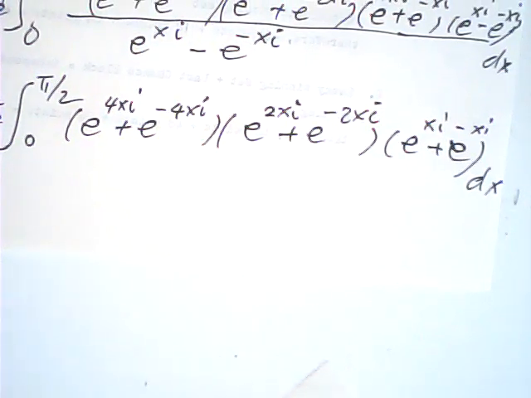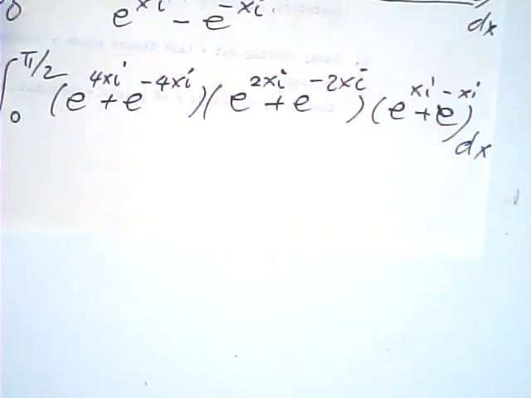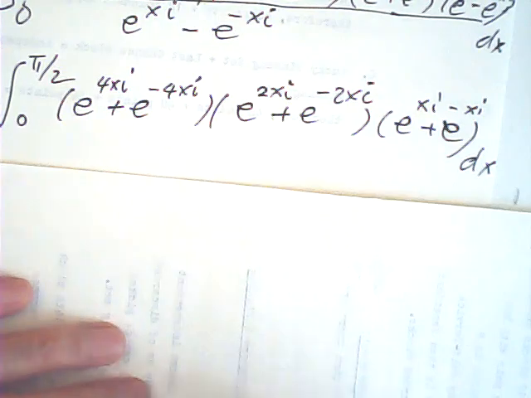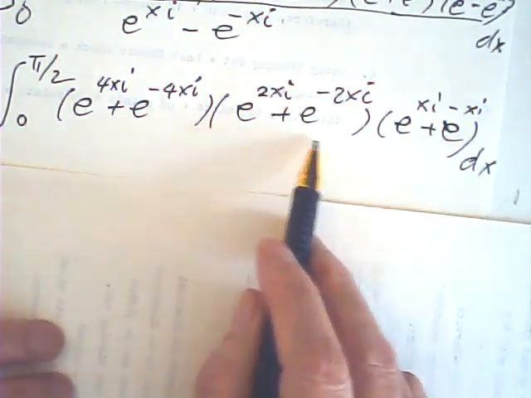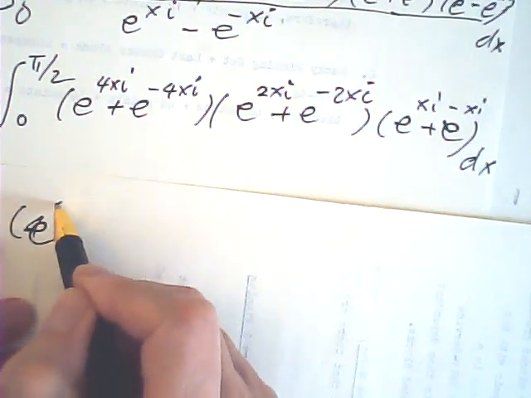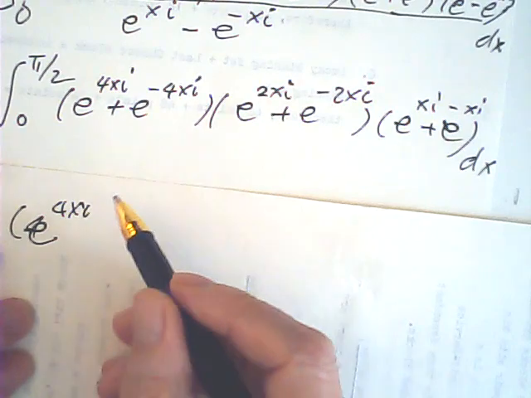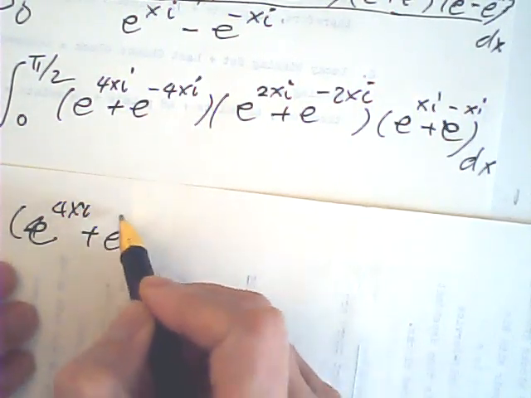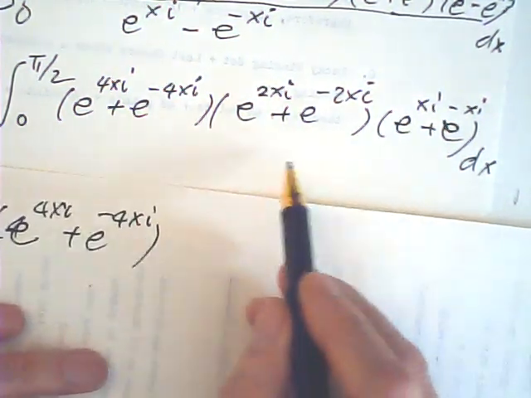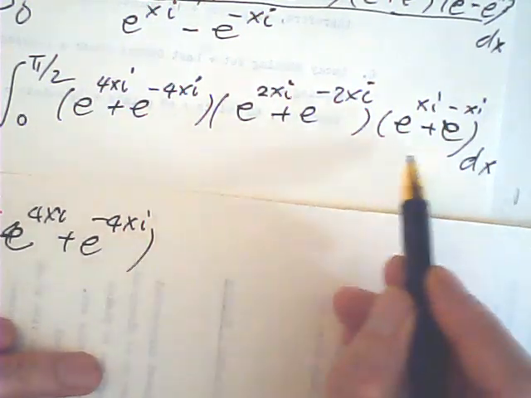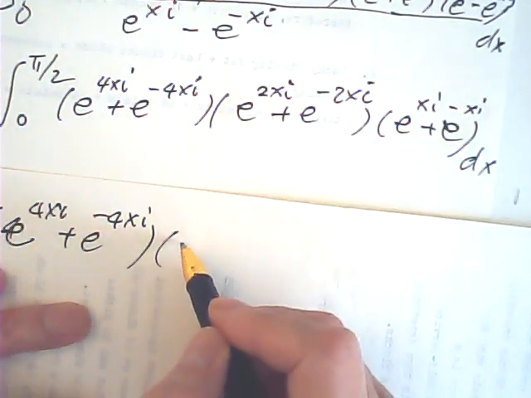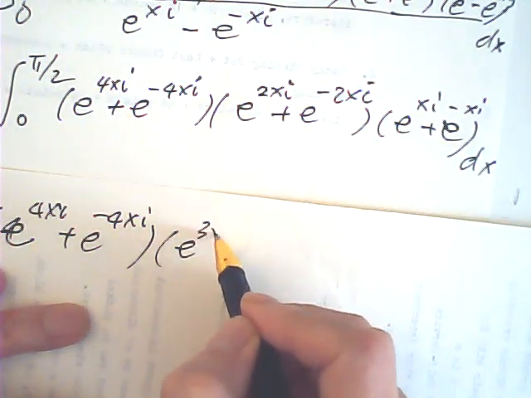Wow, lots of details. Now then this becomes e to the 4xi plus e to the negative 4xi. I expand these two, multiply them out, and see this one first. This one is e to the 3xi.